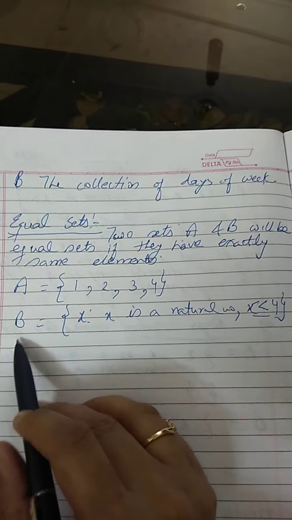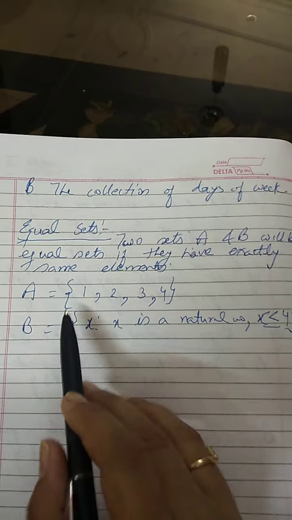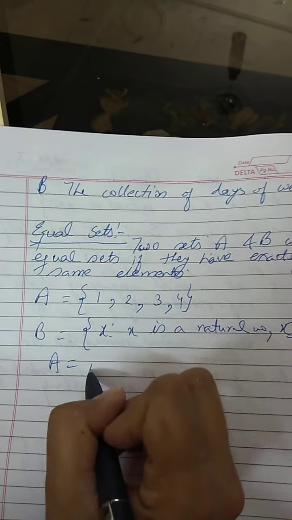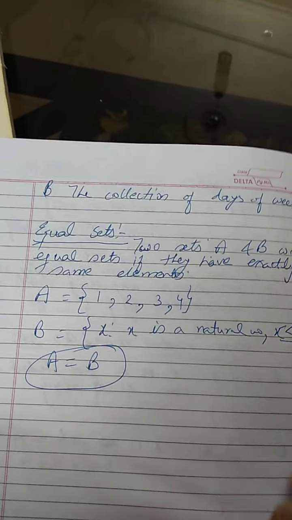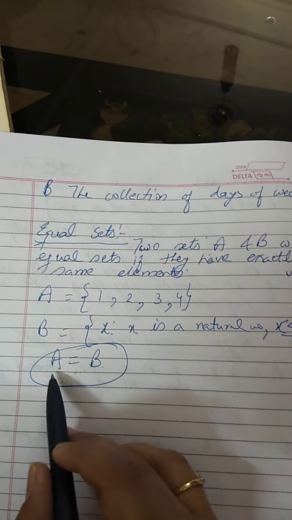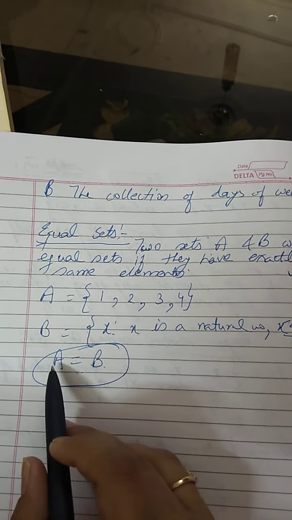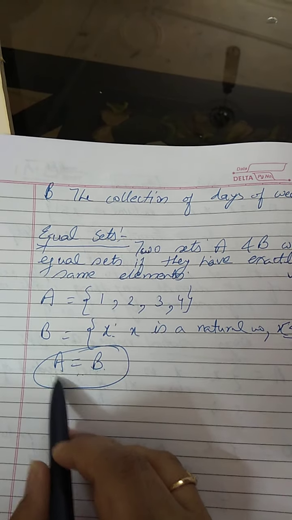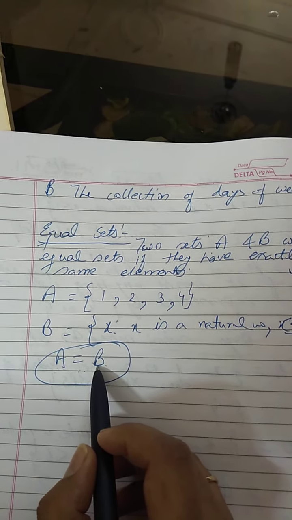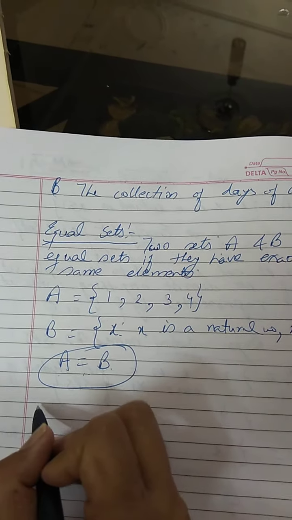So when I write this set in roster form, it will have 1, 2, 3 and 4. Set A is also having 1, 2, 3 and 4. It means A is equal to B. And the sign of equality is telling that these two sets are equal. So every element of B is an element of A, and every element of A is an element of B. This is what it means. Clear? Right?